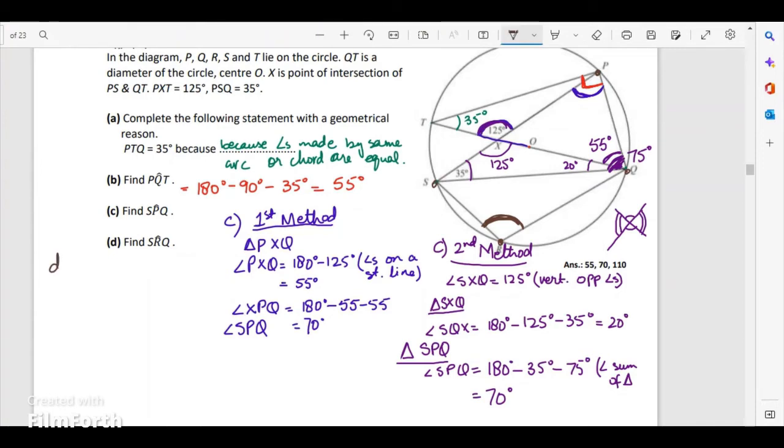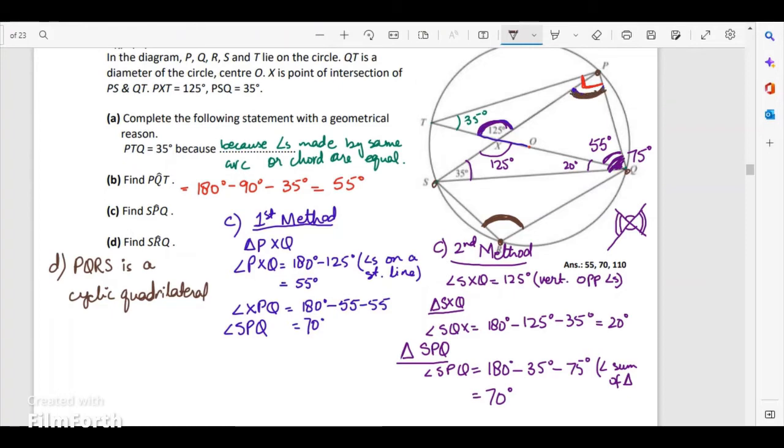So for D part, PQRS is a cyclic quadrilateral. So hence opposite angles would be supplementary. This angle and this angle right here should add up to 180 degrees.